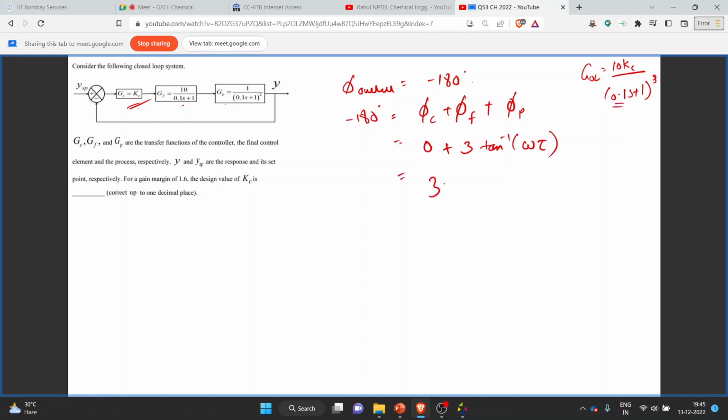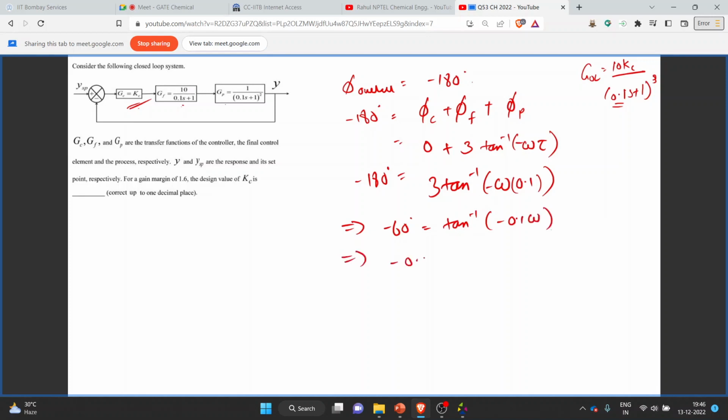So let's replace it: 3 times tan inverse of omega into 0.1. From here we can write minus 60 degrees equal to tan inverse of minus 0.1 omega.